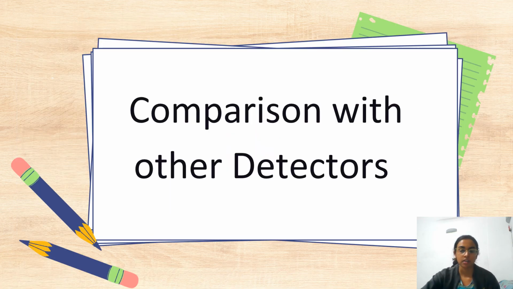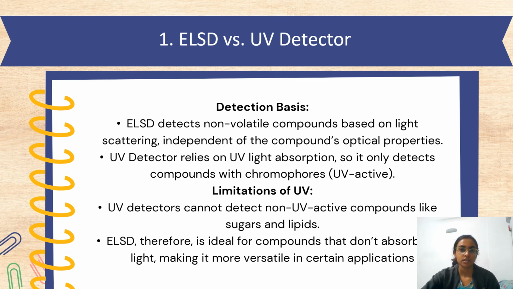Let's see the comparison with other detectors. First one is ELSD versus UV detectors. Its detection basis: ELSD detects non-volatile compounds based on light scattering, independent of the compound's optical properties. UV detector relies on UV light absorption, so it only detects compounds with chromophores, UV actives.